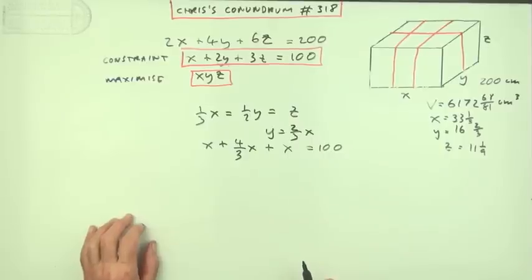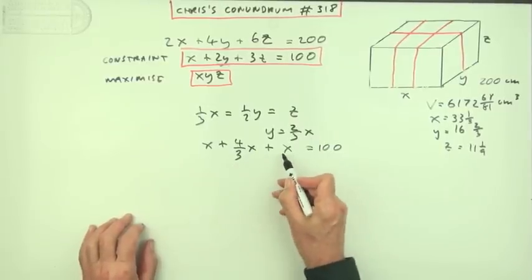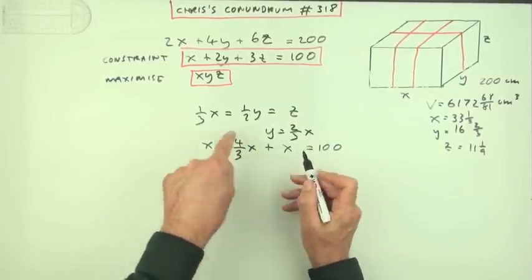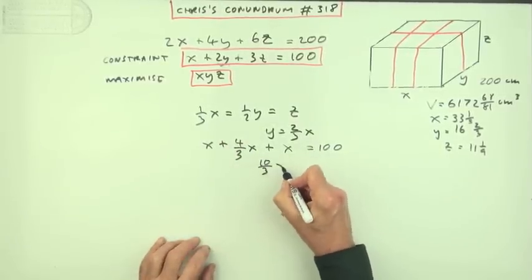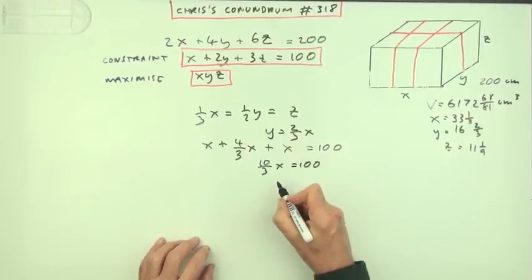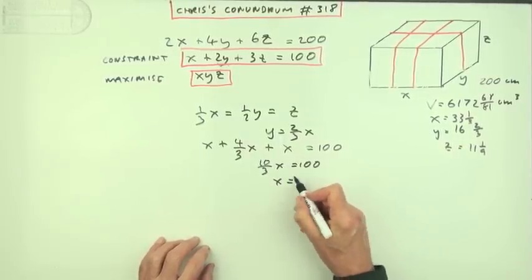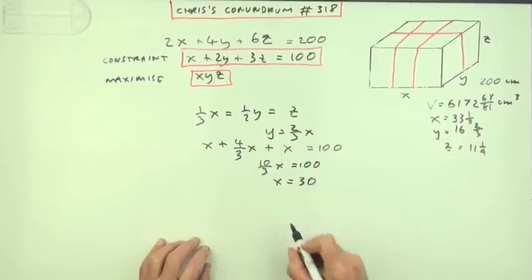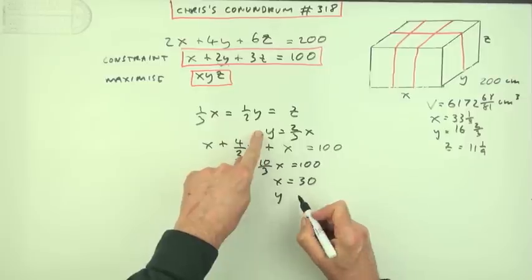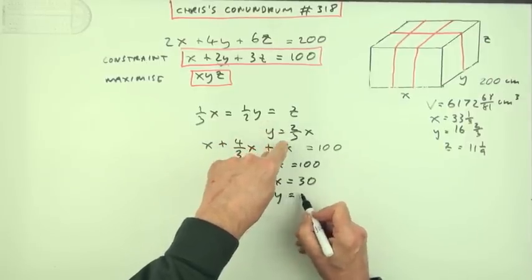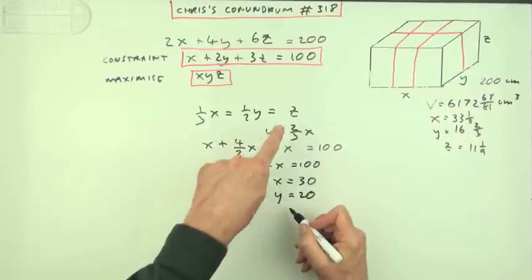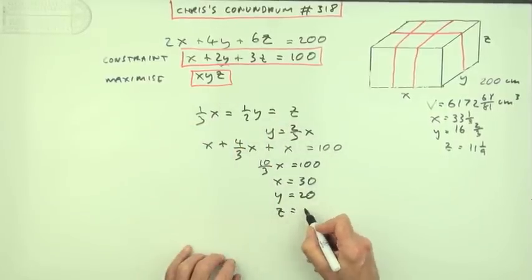That lot should come to 100. So putting that all into thirds, I've got 3 and 3 and 4 is 10. That's 10/3 of x makes 100. So x would be, divide by 10, multiply by 3, that's 30. So back to here. So the y would be 2/3 of that, which is 20. And the z would be 1/3 of that, which would be a 10.